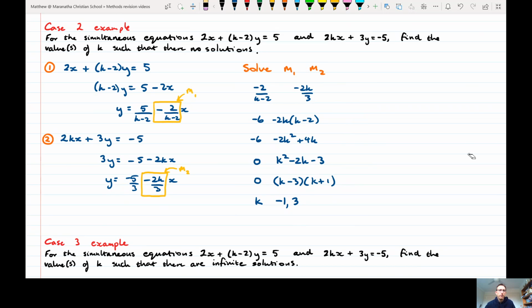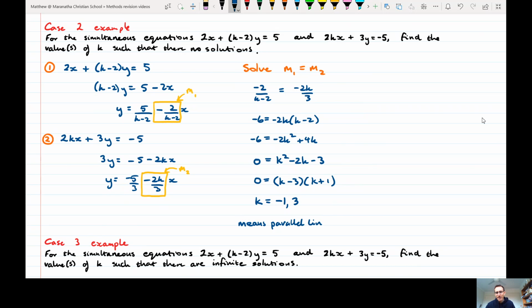Because remember, case 2, I want the gradients to be equal. That means they're going to be parallel, which with parallel lines, remember, gives me the case of infinite or no solution. So if I get k equals -1 and k equals 3, it feels like, yep, I'm done. I've got parallel lines. That is true. This means parallel lines.